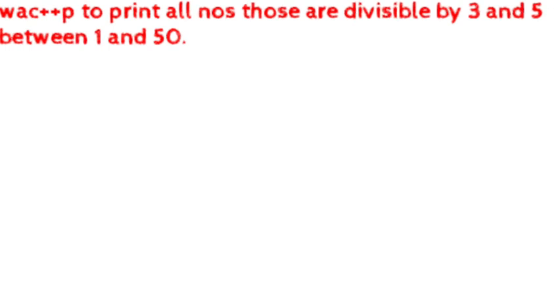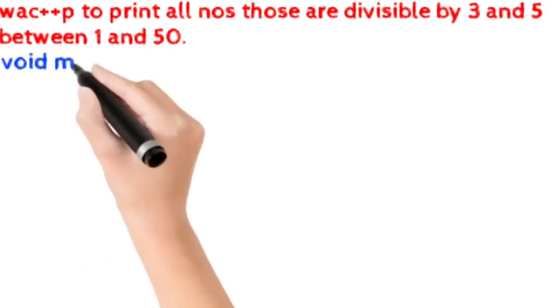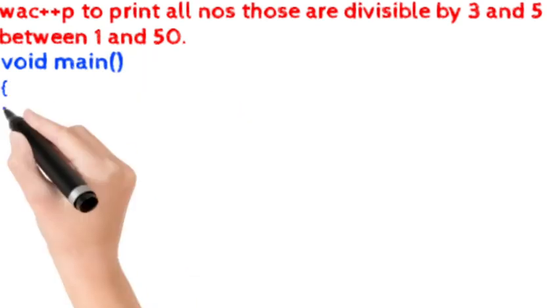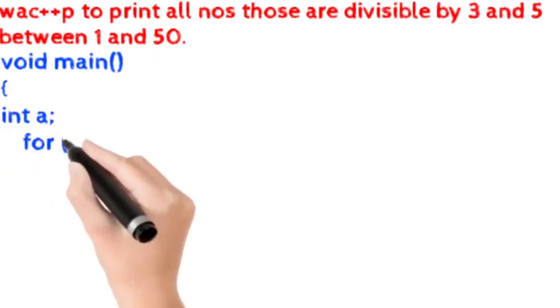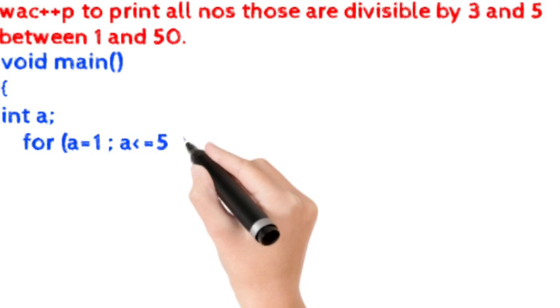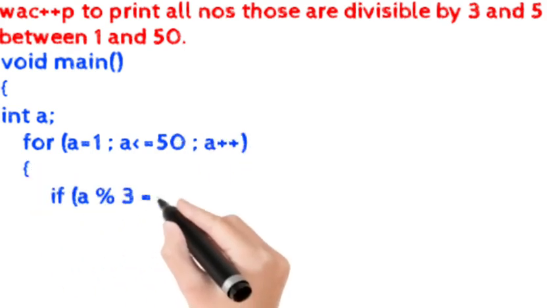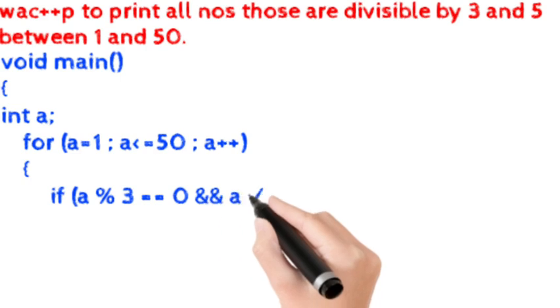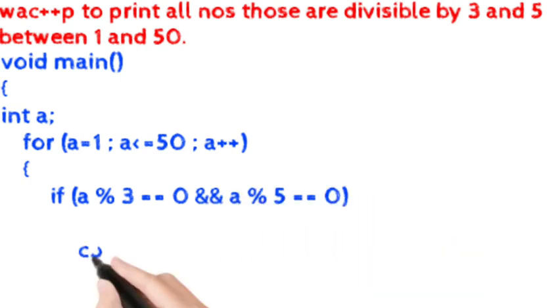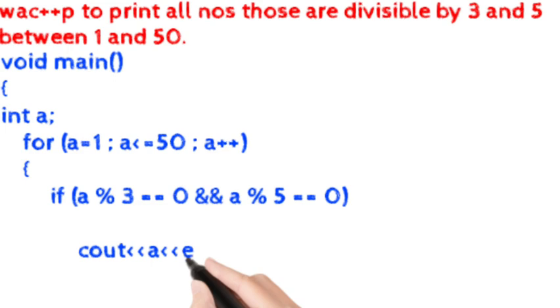It means the first number to be printed is 15, as it is divisible by 3 and 5 together. So now the logic, the loop starts with a equal to 1, a less than equal to 50, a plus plus. Then I wrote the if statement if a modulus 3 equal to 0 and a modulus 5 equal to 0. It means if the number is divisible by 3 and divisible by 5, then it's supposed to print.